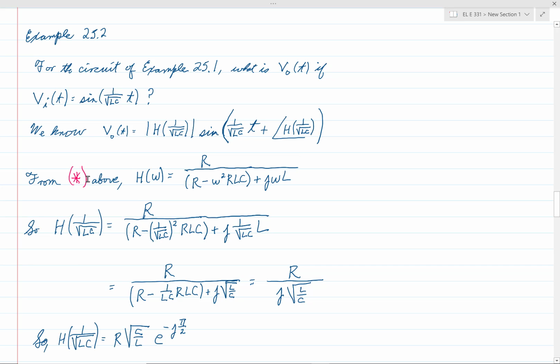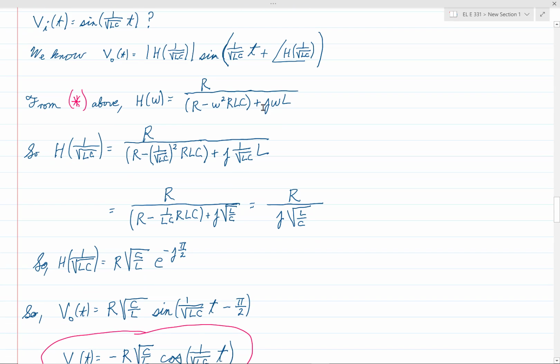Now, from that equation star above, we had h of omega written in this form. And so when you evaluate that h with omega equal to 1 over square root of LC, this becomes really simple. Because if we evaluate omega in the bottom at 1 over the square root of LC, notice what happens.